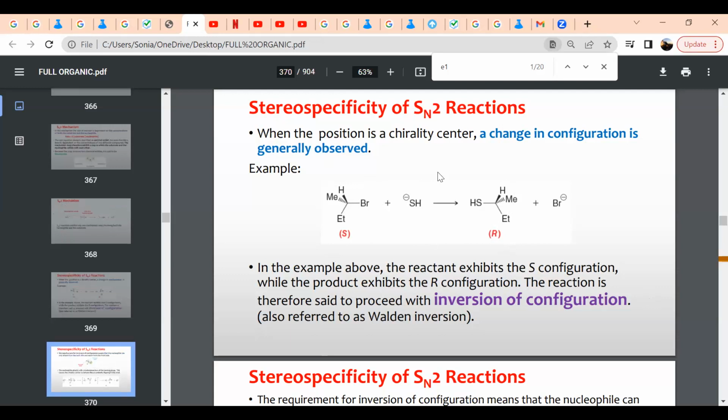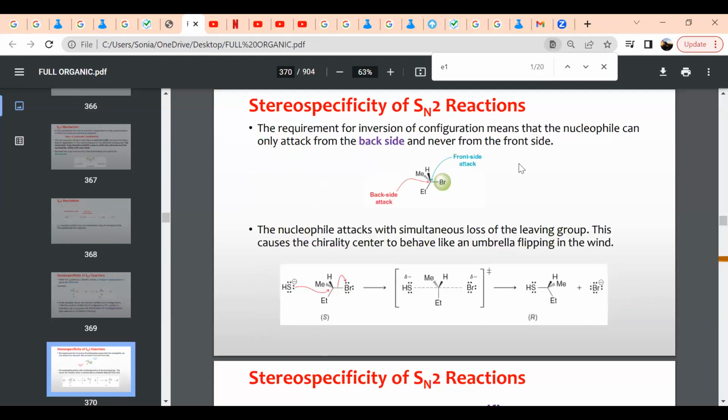The requirement for inversion is what we've just said, an attack from the back side and never from the front side. So when the nucleophile attacks, it attacks from the back, which causes that thing we talked about, like an umbrella flipping in the wind. The nucleophile attacks with simultaneous loss of the leaving group, which causes the chirality center to behave like an umbrella flipping in the wind.